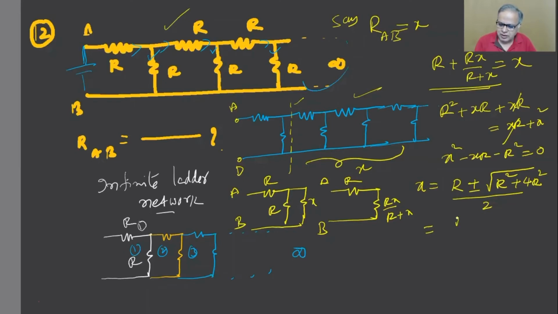So R plus R minus root 5 R by 2. The minus will be ignored because there's no negative resistance here. So it's simply root 5 plus 1, R by 2, is x.